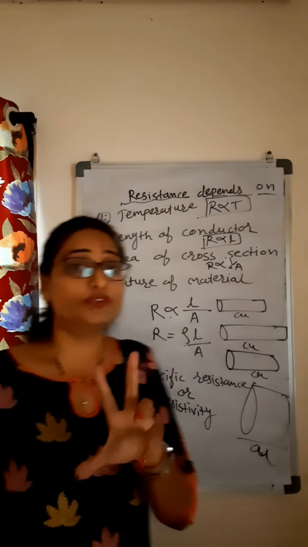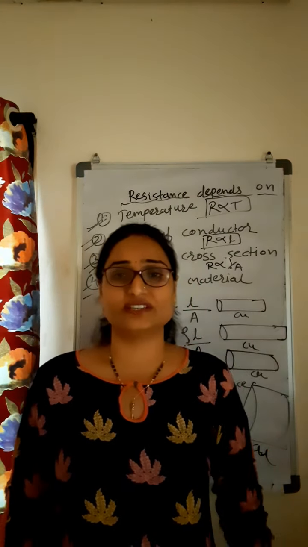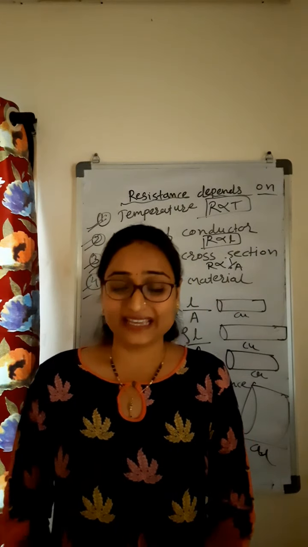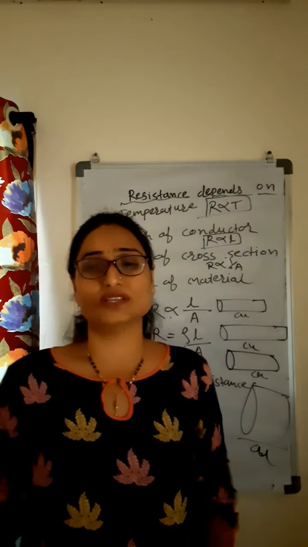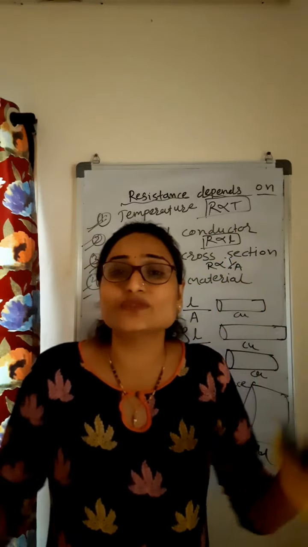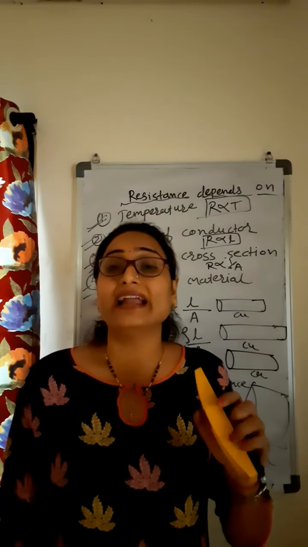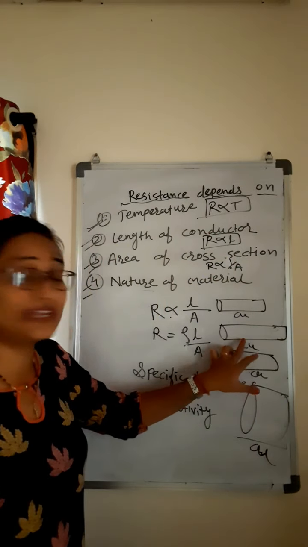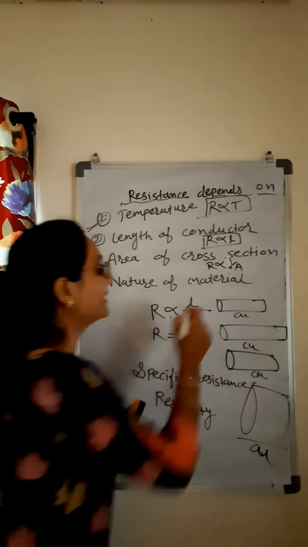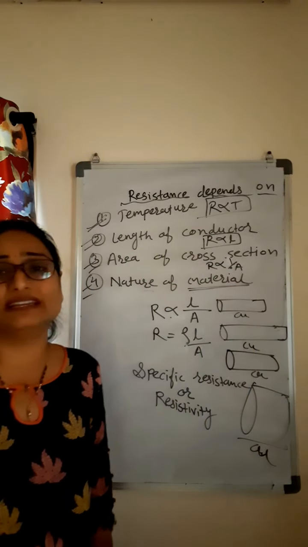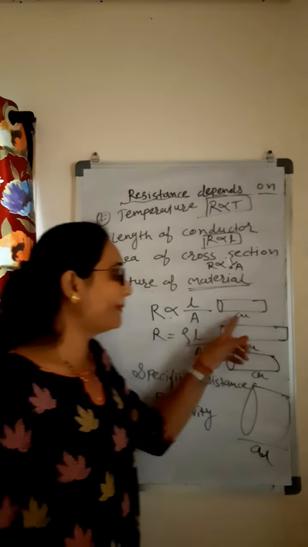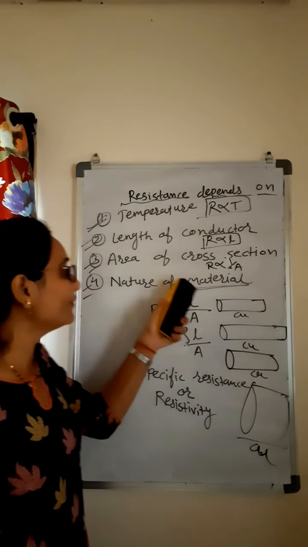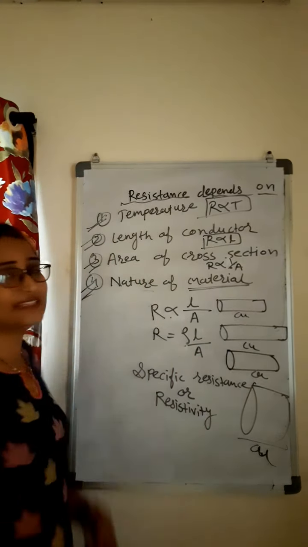Don't confuse resistance and resistivity. Resistance is for the throughout the conductor, and resistivity just depends on the material, from which material it is made up of. That is our fourth point on which the resistance depends.